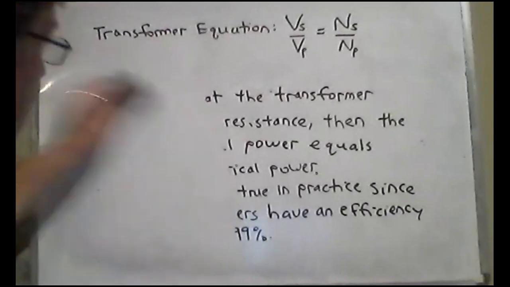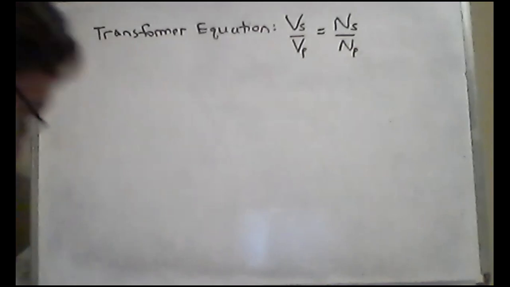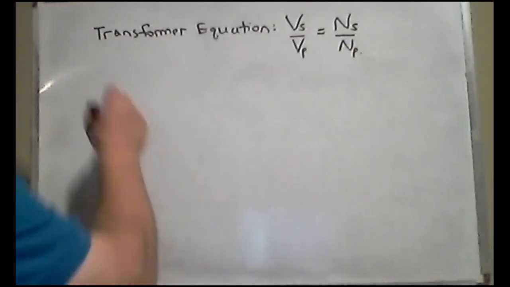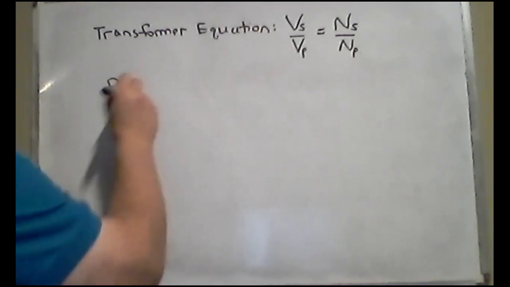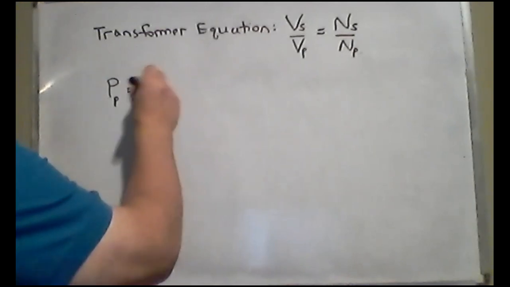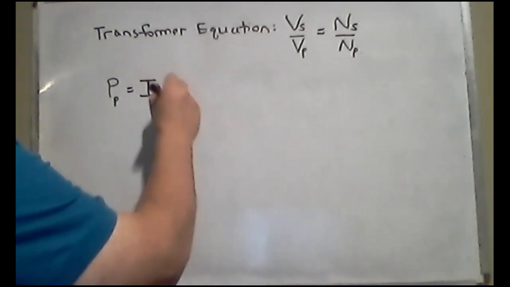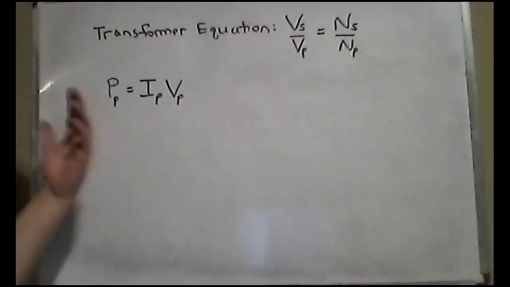That means I can say the following. I'm talking about electricity, so what's the relationship? In general, power at the primary is IV: current at the primary times the voltage at the primary. That's the general equation for electrical power, whether you're talking about a battery or anything else.